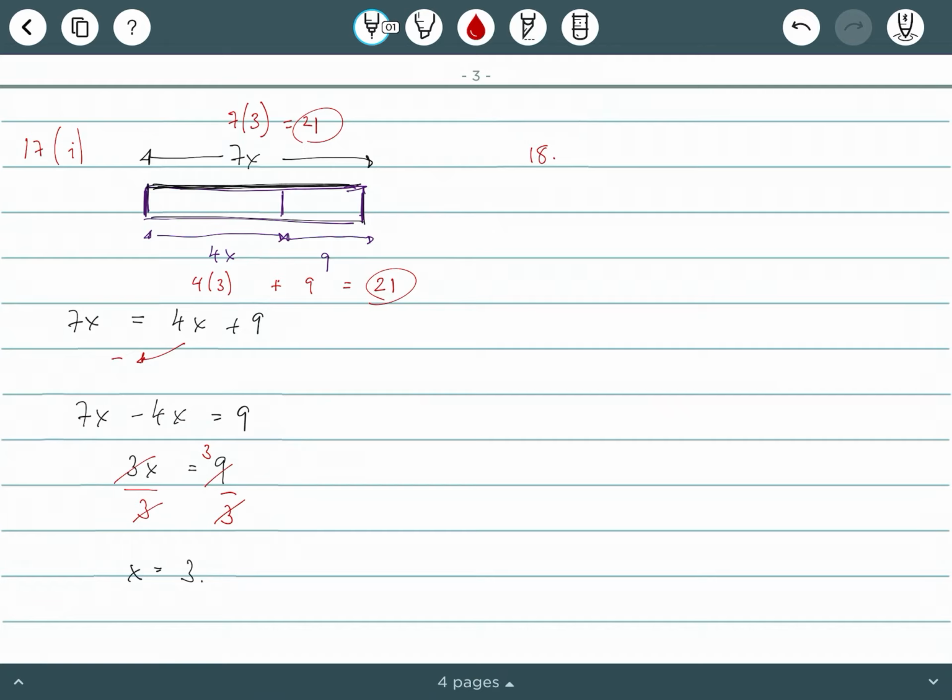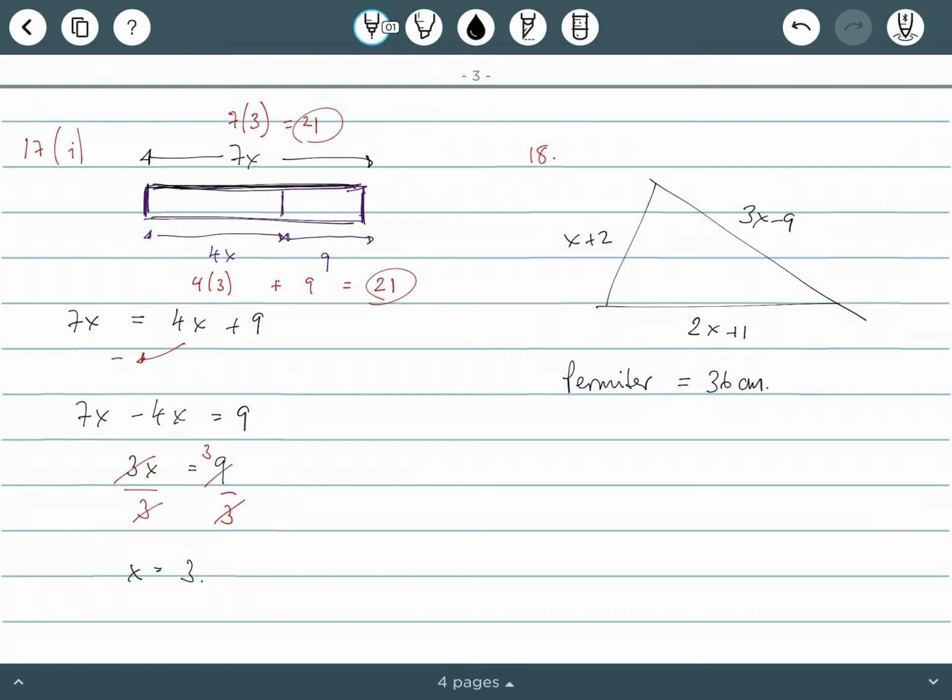18, lads. I won't do it for you, but I'll give you a little heads up on it. 18 gives us here 3 sides of the triangle, x plus 2, 3x minus 9, and 2x plus 1. The question says the perimeter of this triangle is equal to 36 centimeters.